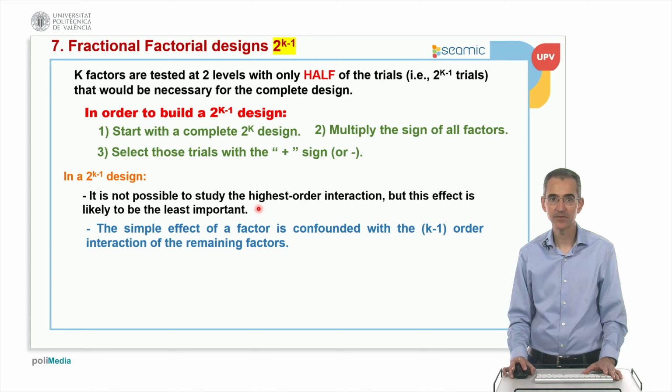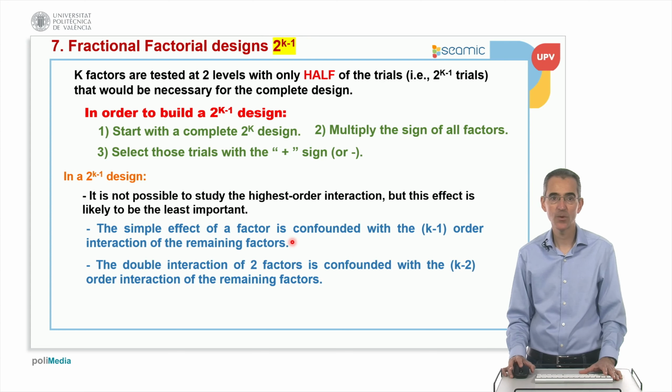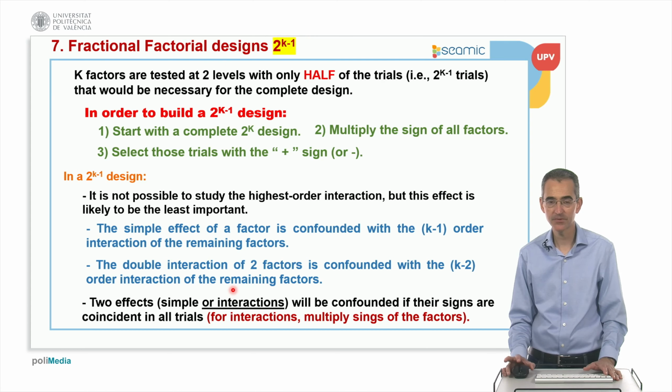The simple effect of a factor will be confounded with the k-1 order interaction of the rest of the factors, which may be a problem, but not quite often. And the double interaction of two factors will be confounded with the k-2 order interaction of the remaining factors. So this is something that we have to take into account to discuss if the experiment is convenient or not.